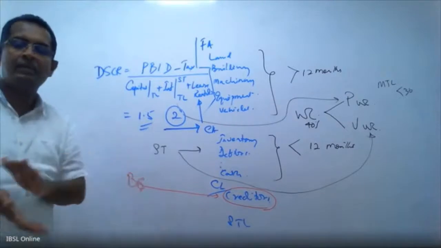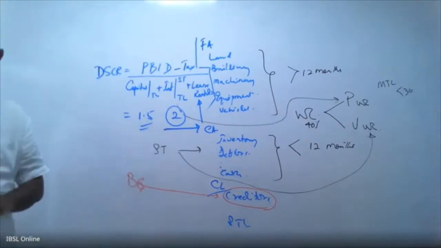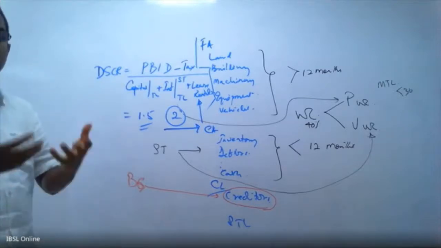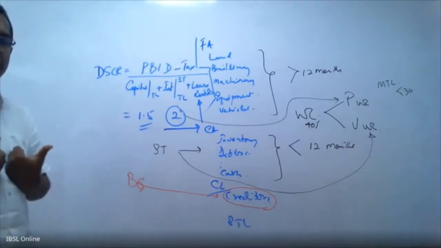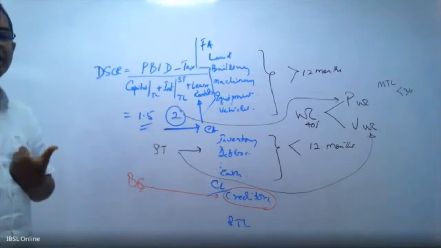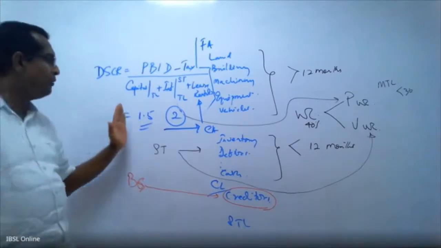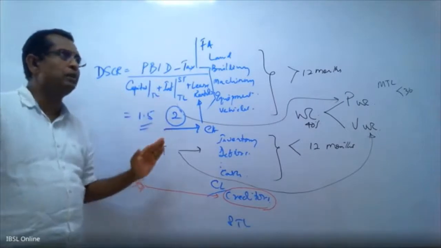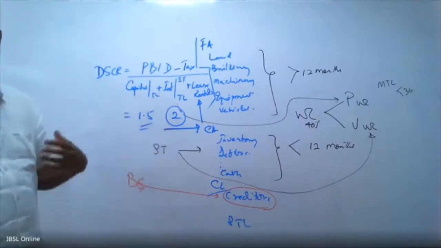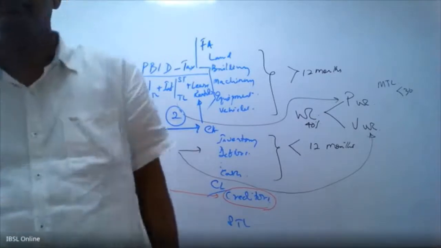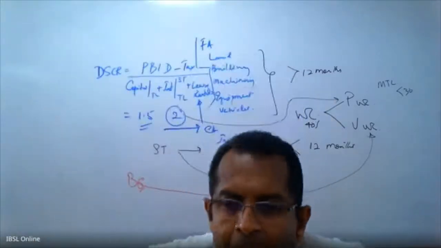Diversion of money happens there. They have money, but their commitment is low, therefore they go and invest in something else. So always 1.5 to 2 should be okay. More than that is dangerous.